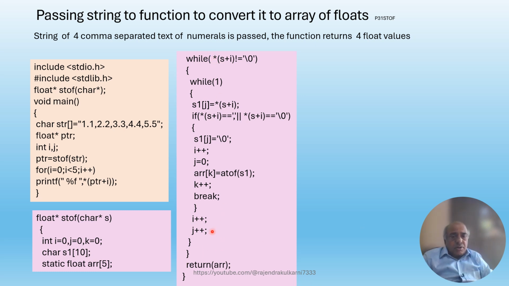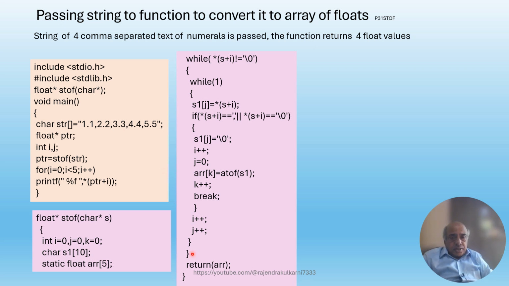On termination of the outer while loop, what we get is the arr array, which is a float array assigned with float values converted from the text numerals 1.1, 2.2, etc., up to 5.5.